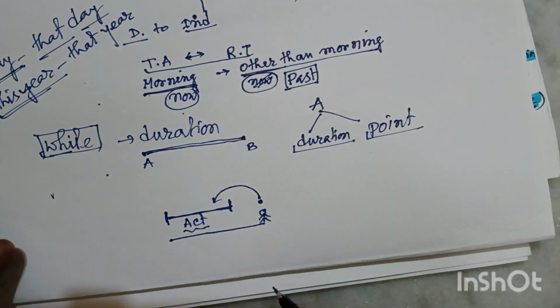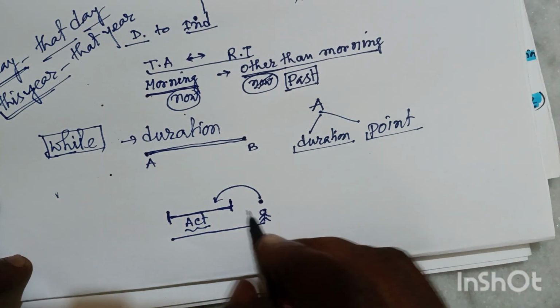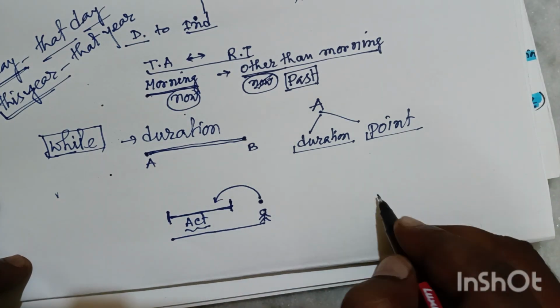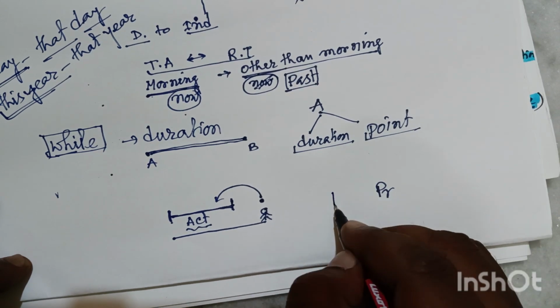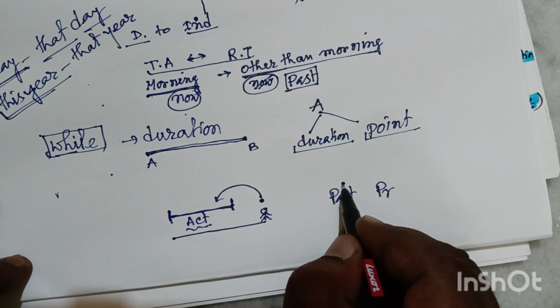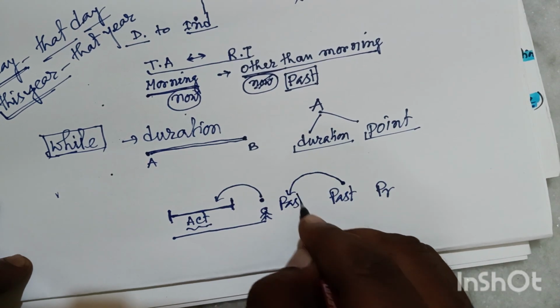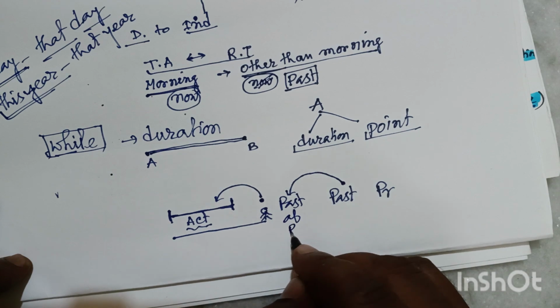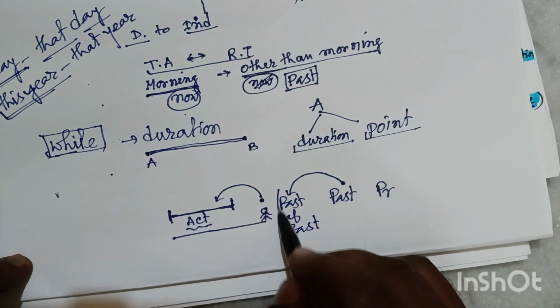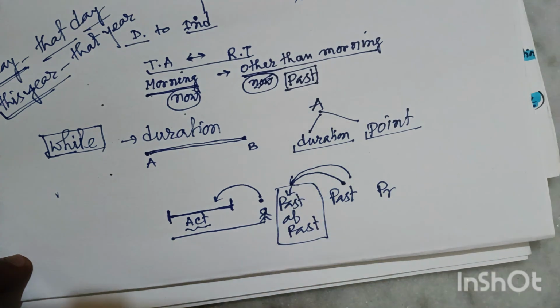And whenever we report it, we change the time. If it is past, suppose this is present, we have to convert it into past of past. That means we have to push it in the next time. This is the main thing.